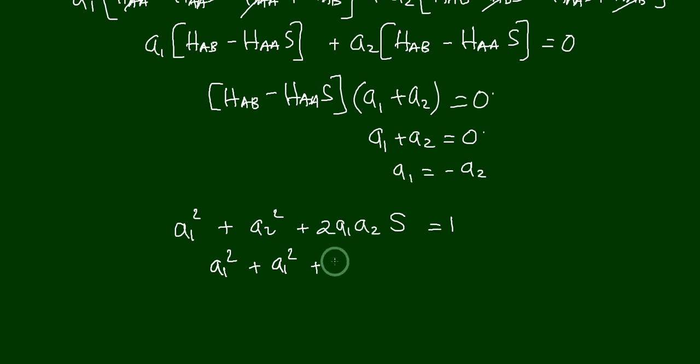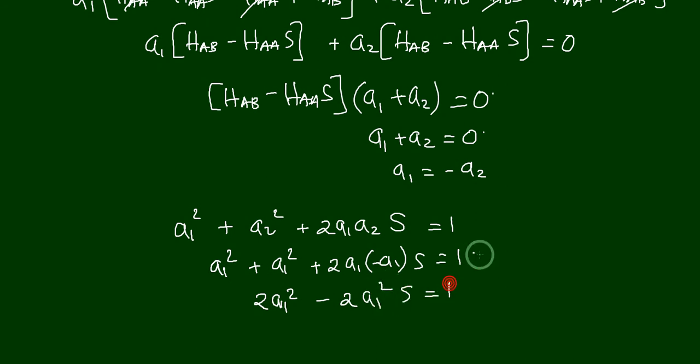So we have 2A1 into A2 equal to minus A1 into S, so we can write 2A1 square plus minus 2A1 square into S is equal to 1.